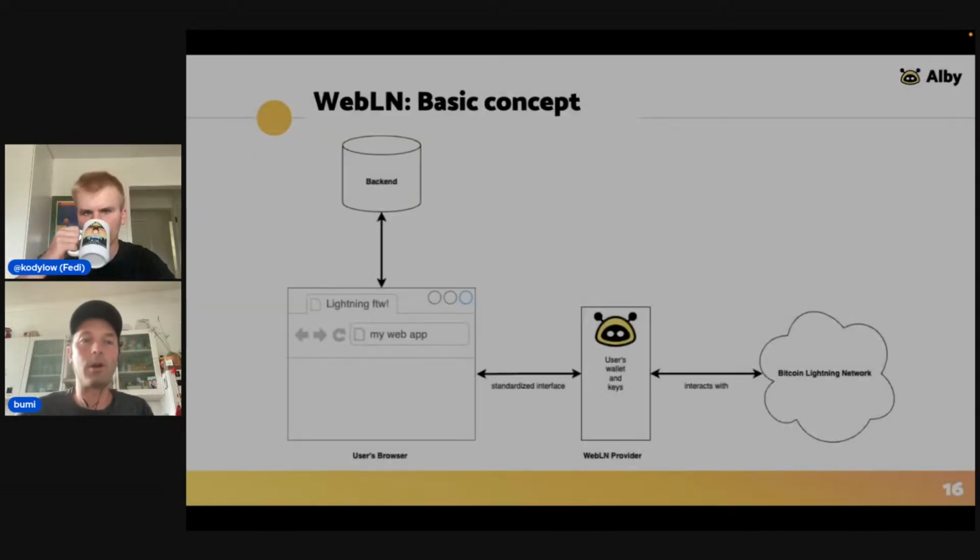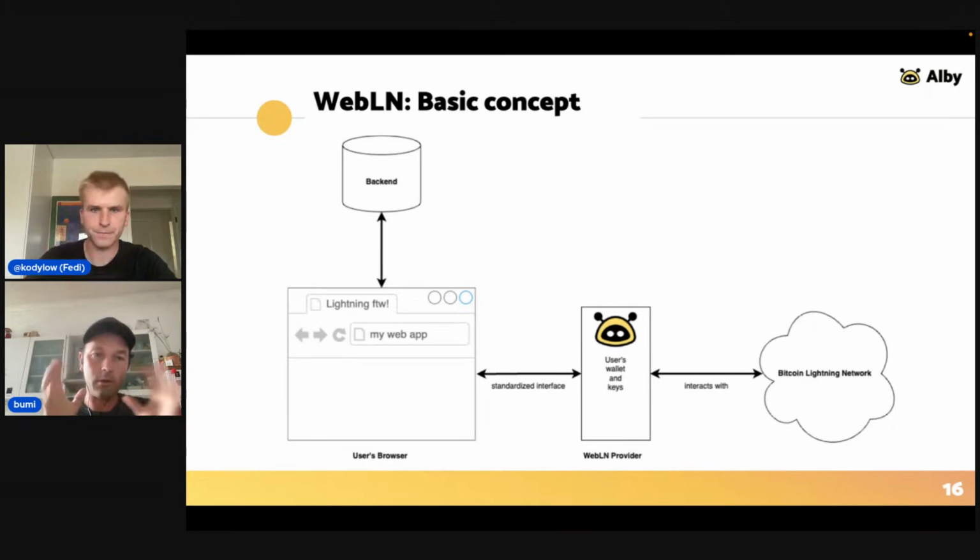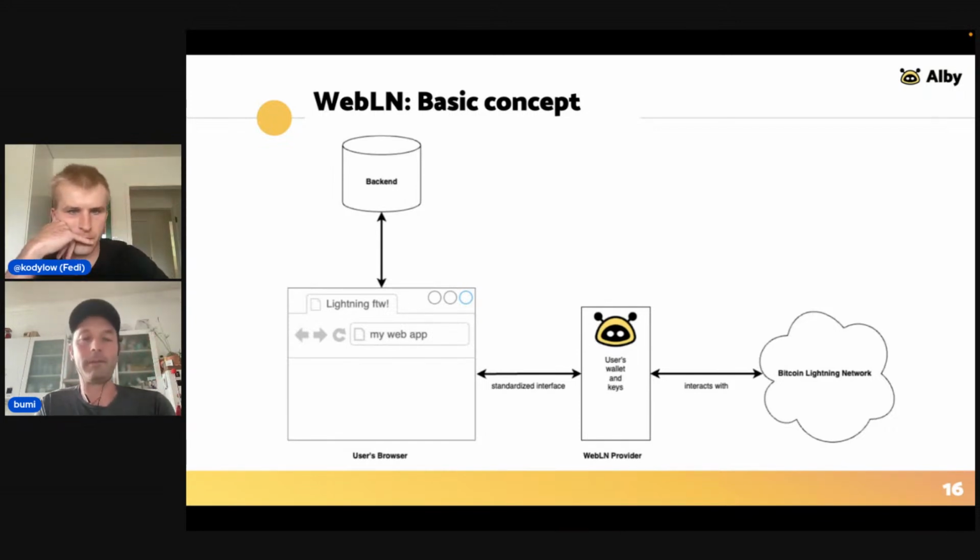The new concept that we have to first wrap our head around a little bit is that, additionally to the web browser that displays all the information for the user, the user now has a Lightning wallet, basically a WebLN provider that is embedded into the browser.